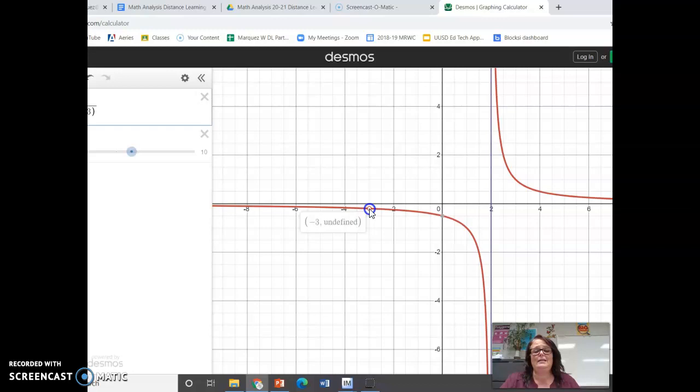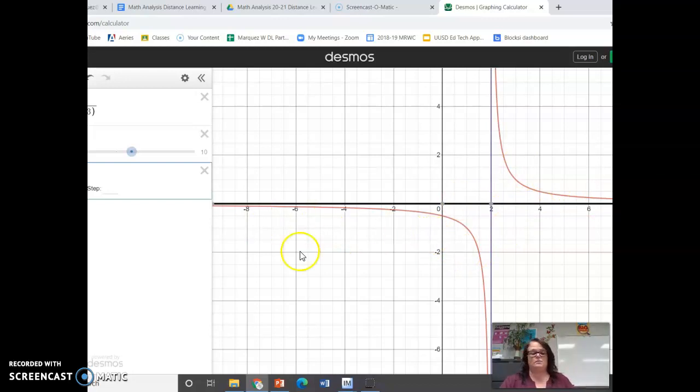So you can't see it on the Desmos graph because there's so many points leading up to it of all the tiny little numbers in between. But if we were to graph this on a piece of paper, we would graph it just how we see it right there, where we put a little hole in that graph, okay? And so then if I add in the asymptote at y equals 0, you can see that that lit up the x-axis, and it's approaching the x-axis without actually touching the x-axis. So we did get those two asymptotes to be correct.